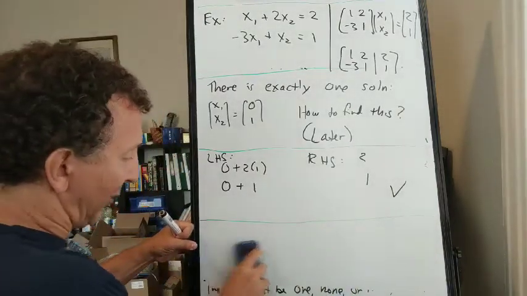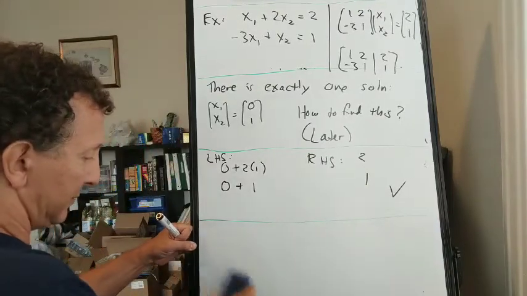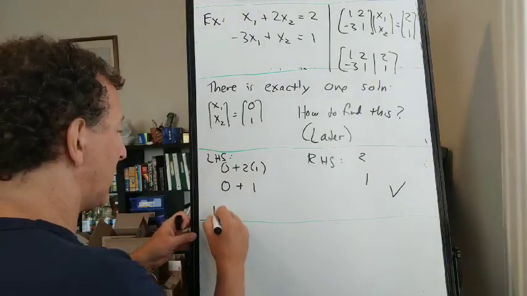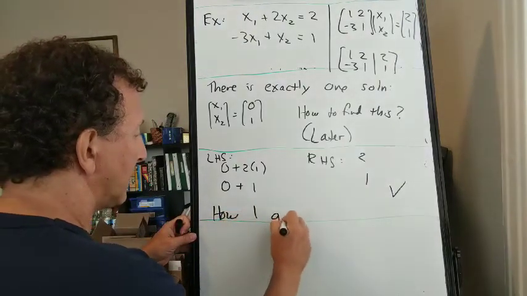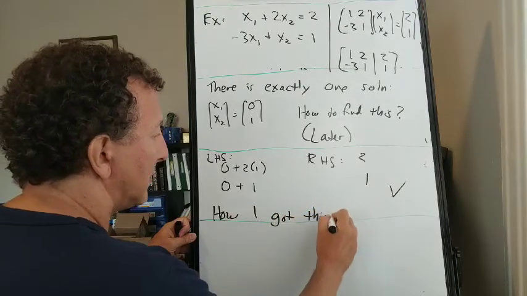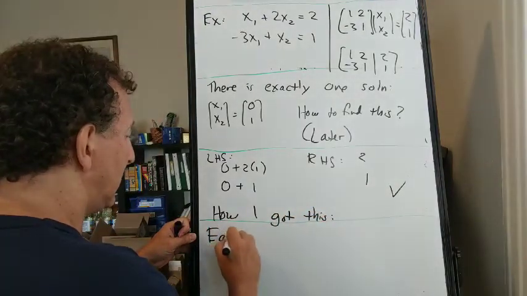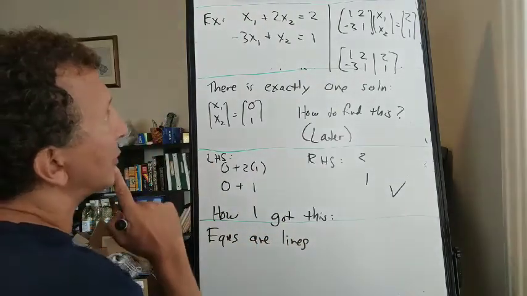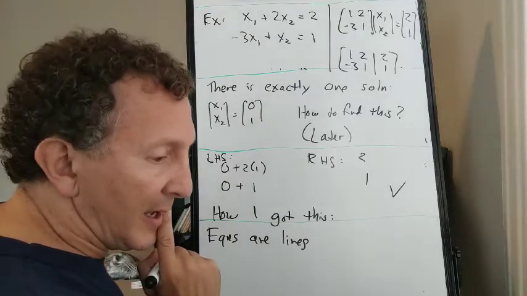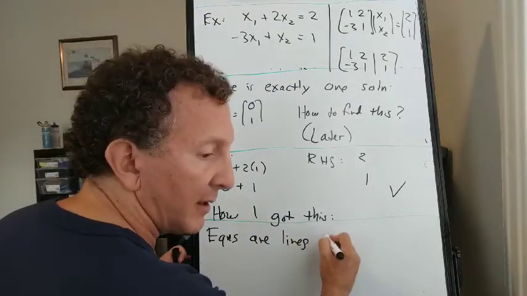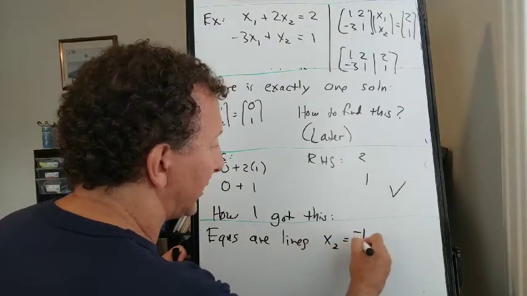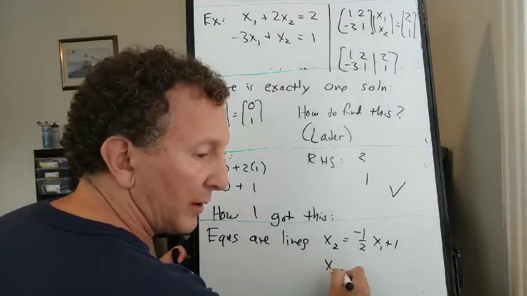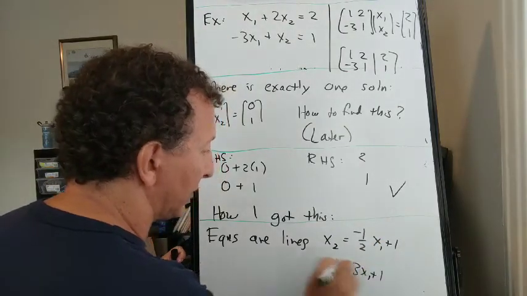And just to give you an idea of how I got this, in this case these equations are lines, and we can write these as x2 equals negative 1/2 x1 plus 1, and x2 equals 3x1 plus 1.